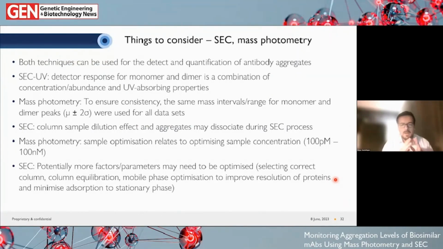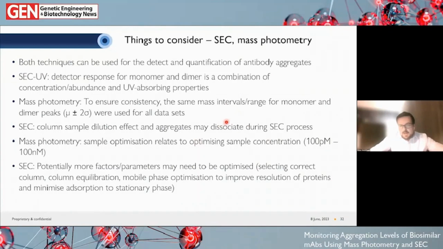So that's something that would need to be factored in if doing a truly quantitative assessment between SEC-UV data and mass photometry data. You'd need to correct for the UV absorbing properties, and that could be done by normalizing the data for the molar extinction coefficient, and to ensure consistency with regards to the analysis.